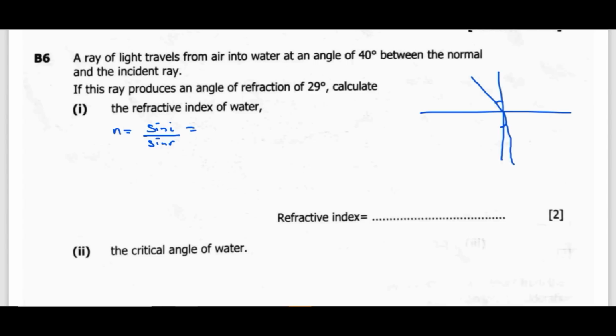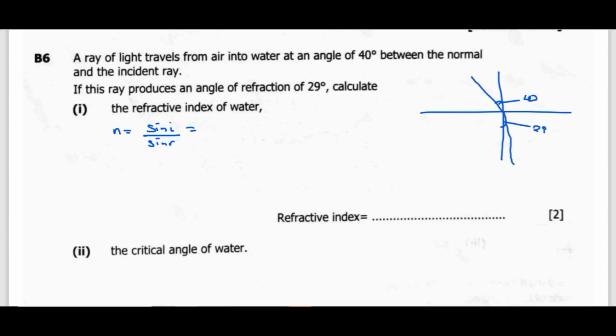We've been given the first one, 40, and here we've been given 29.